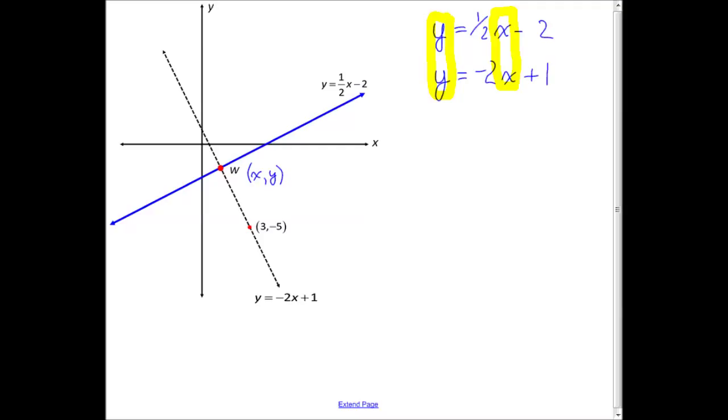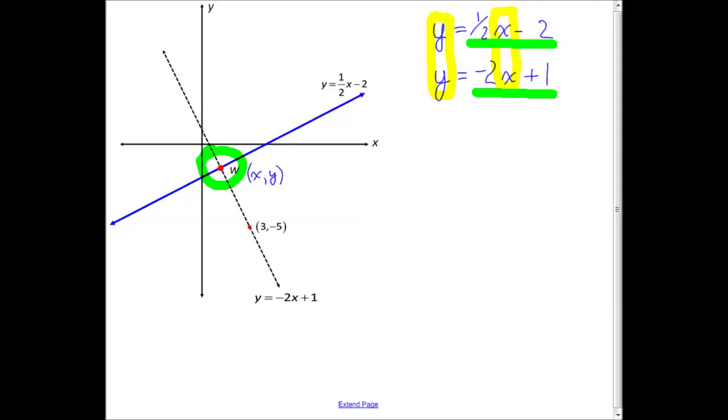Well, if that's the case, I can solve this system, and if you don't remember, there's a number of different ways to solve systems of linear equations, and we've got some tutorials to back that up. But I think the simplest thing in this case is to realize that both this stuff here and this stuff here have to be equal to each other or have the same value y at that point.